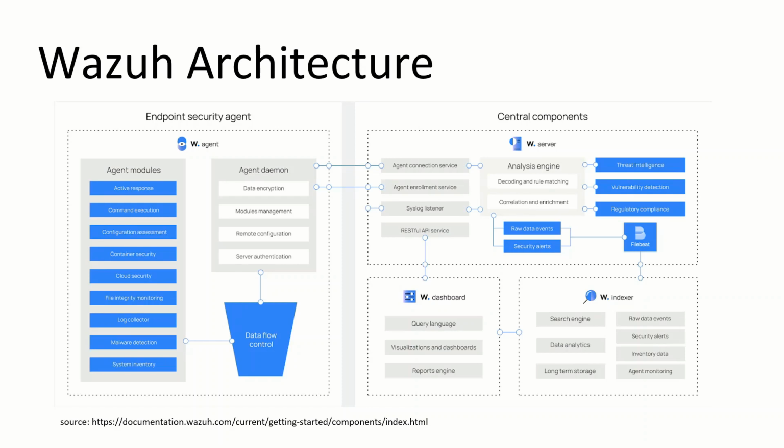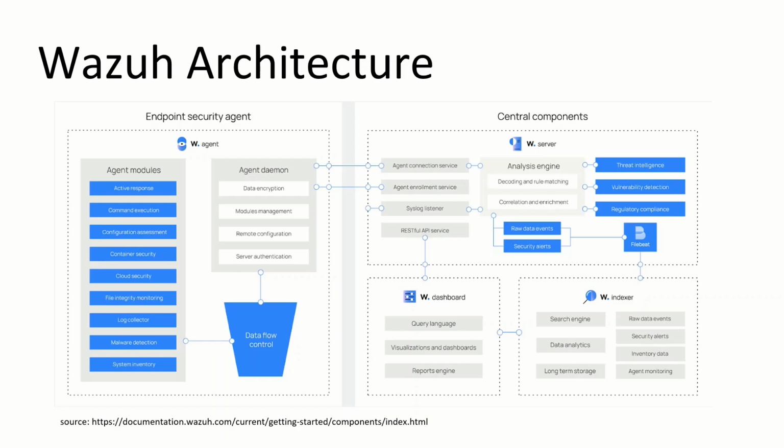Then the Wazuh dashboard is the web user interface for data visualization and analysis. It includes out of the box dashboards for security events, regulatory compliance, that is detected vulnerable applications, file integrity monitoring data, configuration assessment results, cloud infrastructure monitoring events, and many others.